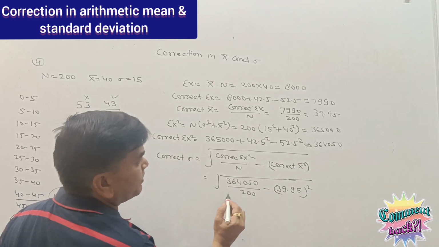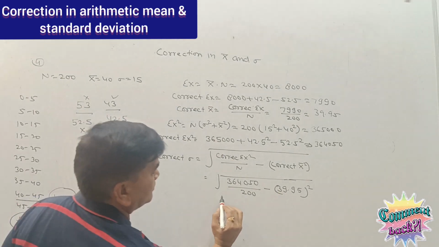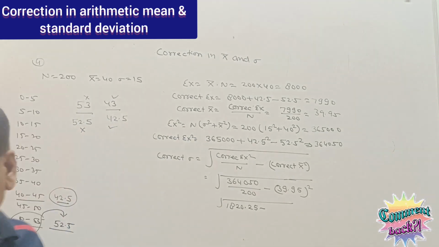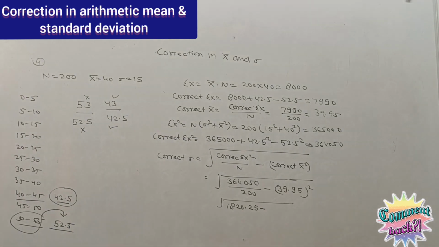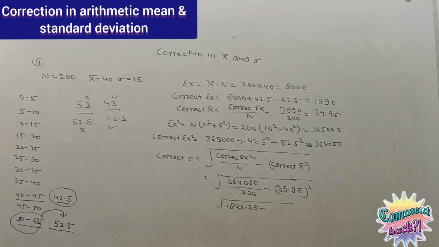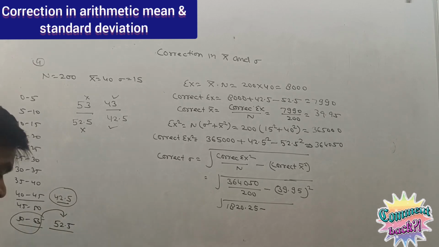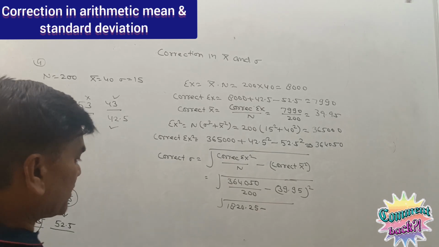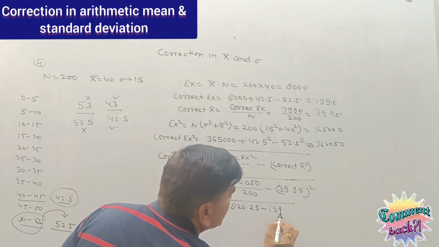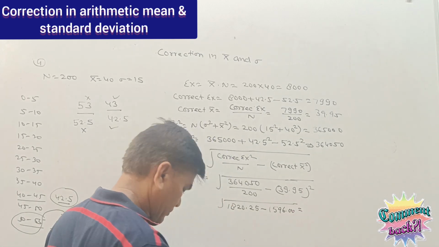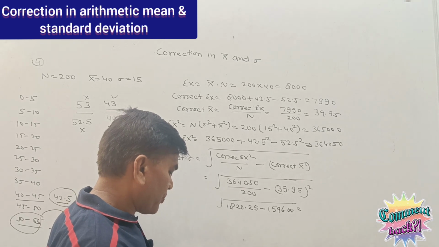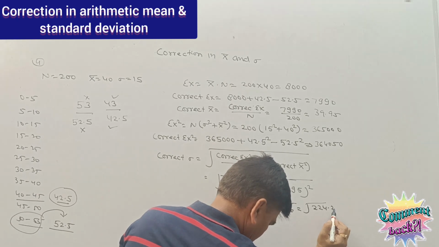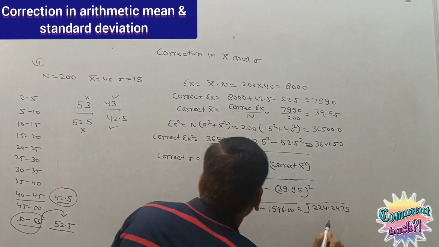That is 1820.25 minus 1596.00, which is 224.2475.